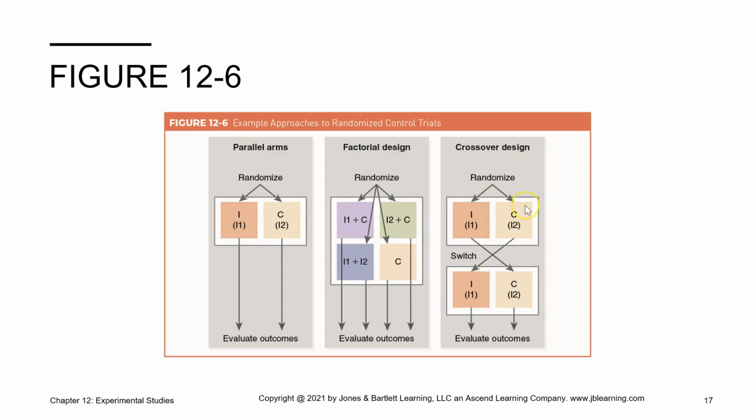Versus a crossover design, which is similar to the standard parallel arms, except you give the intervention first to people, and then maybe 6 weeks later you switch it, and they receive the control for 6 weeks. And those that start off with the control then receive the intervention for 6 weeks.